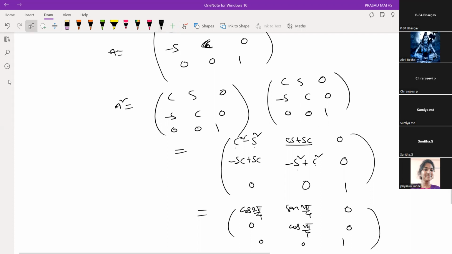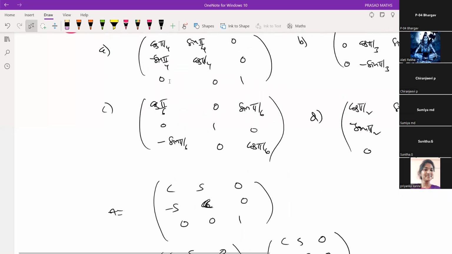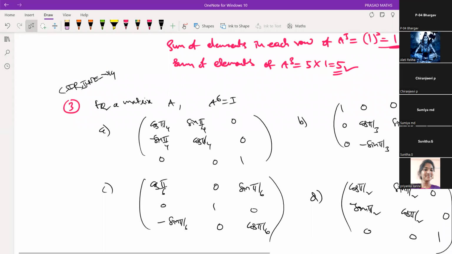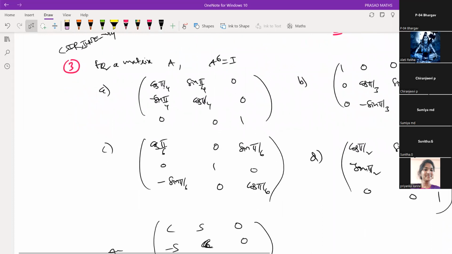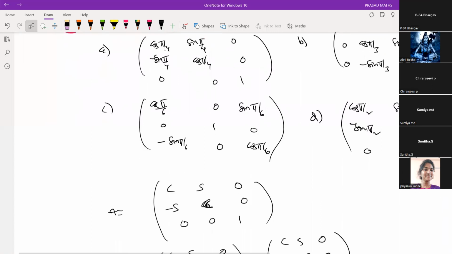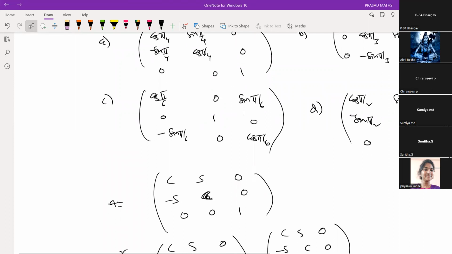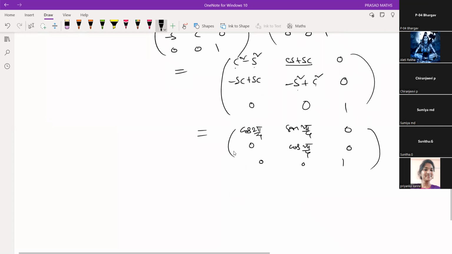So what you observe is, when you take A square, instead of cos pi by 4 you're going to get cos 2 pi by 4, sin 2 pi by 4, 0, minus sin 2 pi by 4, cos 2 pi by 4, 0, 0, 0, 1.